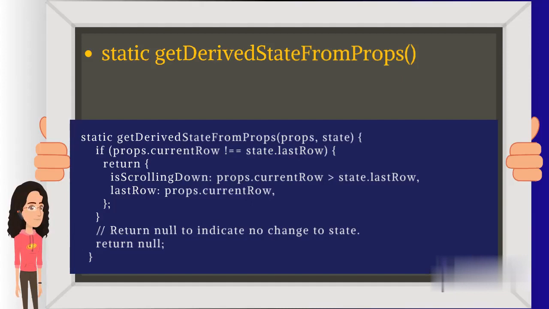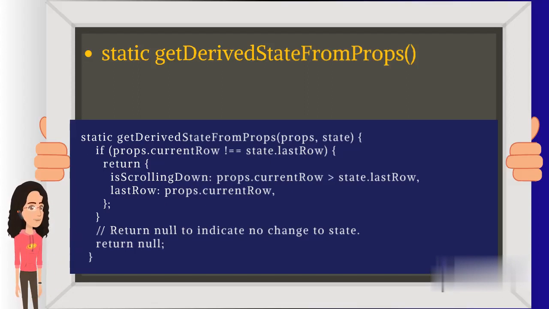It is called just before calling the render method. This is a static function that does not have access to this. The getDerivedStateFromProps method returns an object to update state in response to prop changes. It can return null if there is no change to state.